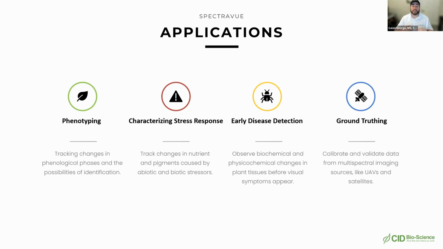So when you're tracking changes in nutrients and pigments that are caused by any kind of abiotic or biotic stressors, so if you are looking at impacts of climate change or the impacts of certain types of fertilizer or pesticides, or just salty soil conditions, and you want to know how that's impacting the health of your plants, then this instrument, and spectroscopy in general, is a great tool for looking at those stress responses.